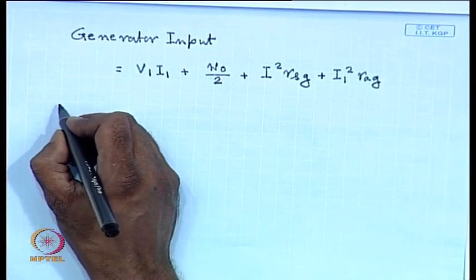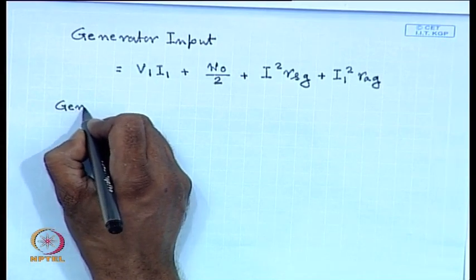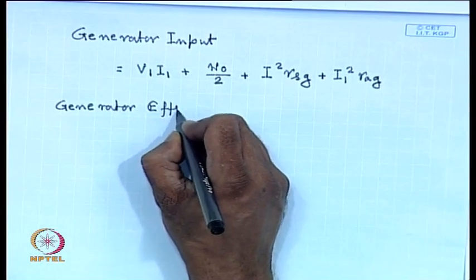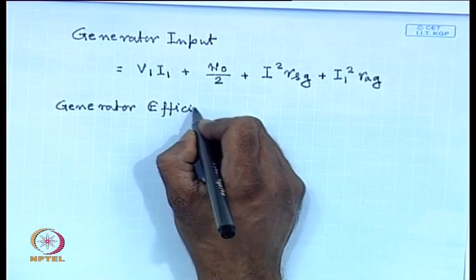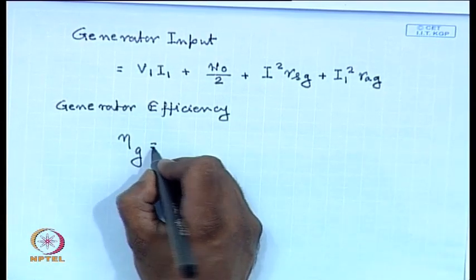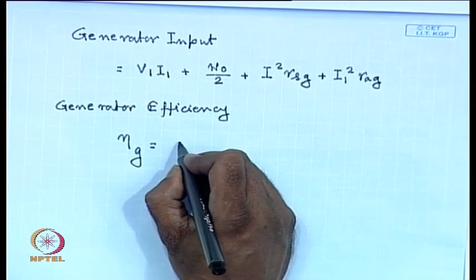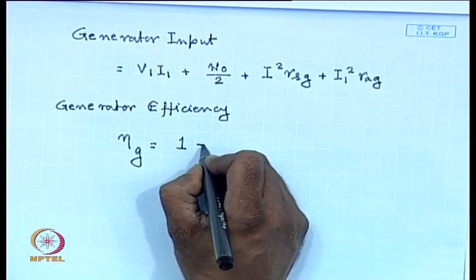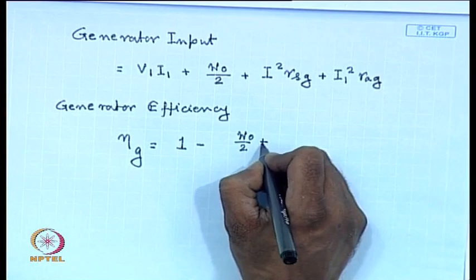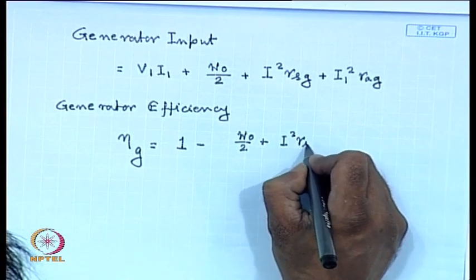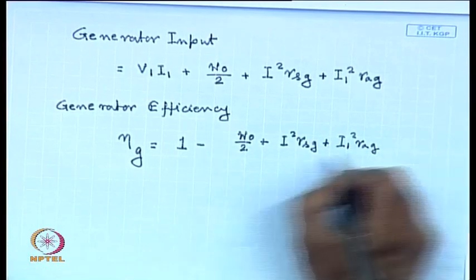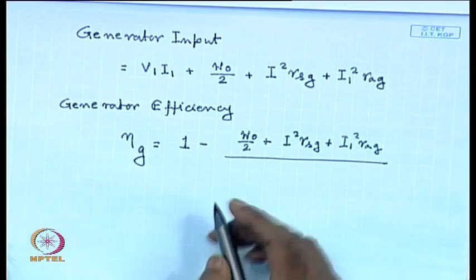So, generator efficiency mu G is equal to 1 minus the losses in the generator divided by the total input of the generator.